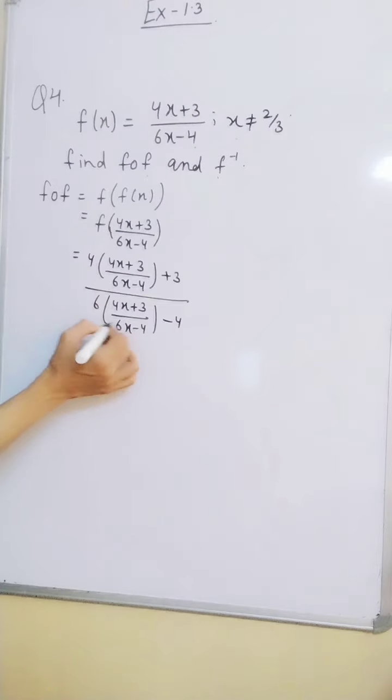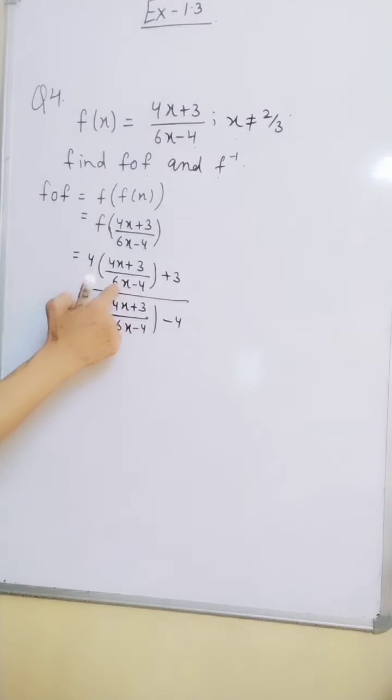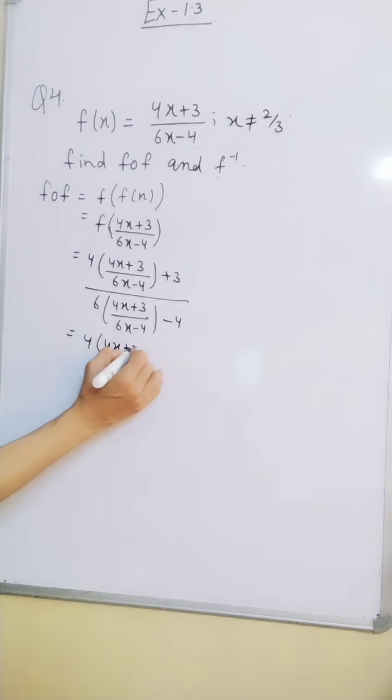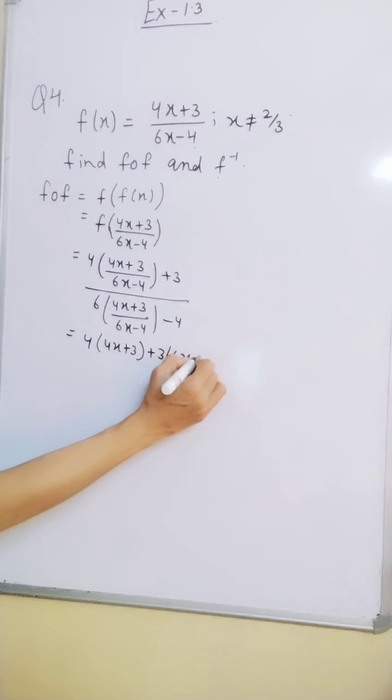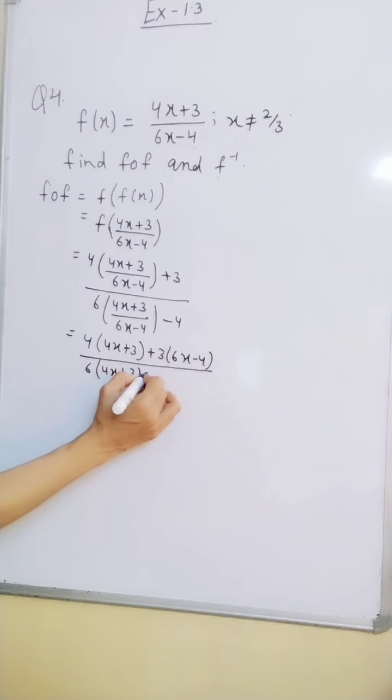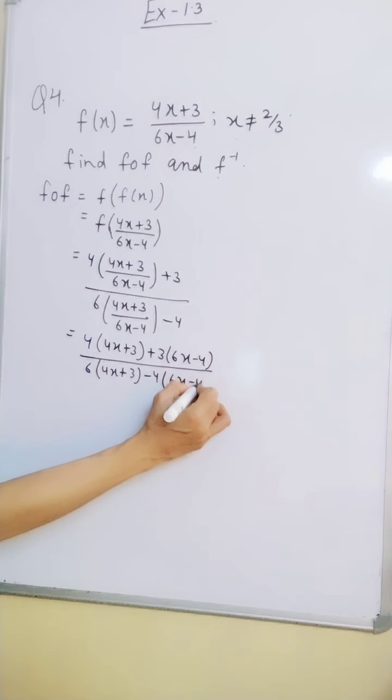Now by taking LCM we will solve it, and when we take LCM, these two terms will cancel out. So I am writing it directly: (4(4x + 3) + 3(6x - 4))/(6(4x + 3) - 4(6x - 4)).